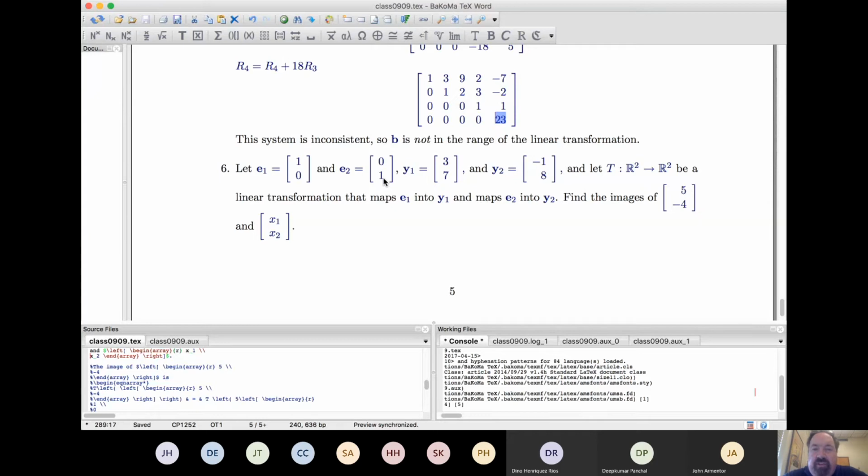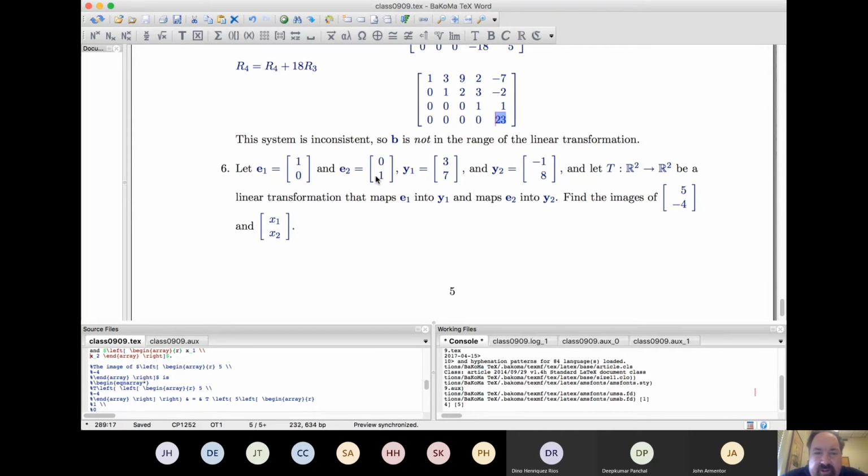If you have a physics background, these are similar to the vectors I and J in 2 dimensions, or I, J, K in 3 dimensions. But in a linear algebra setting, they're known as E1, E2, and so on. They're also the columns of the identity matrix, which we'll come across later.